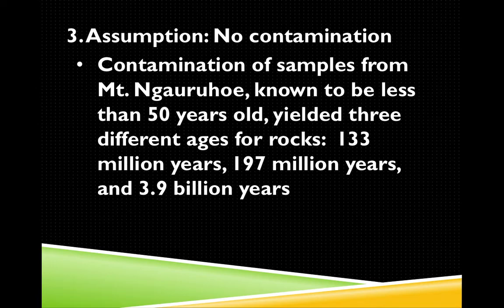The laboratory ran their tests on them, and even though they were less than 50 years old, some of the rocks gave an age of 133 million years. Some rocks that were collected from a little bit different area gave an age of 197 million years, and others that were gathered from yet another area gave an age of almost 4 billion years. But remember, these were all from the same lava flow that was less than 50 years old.